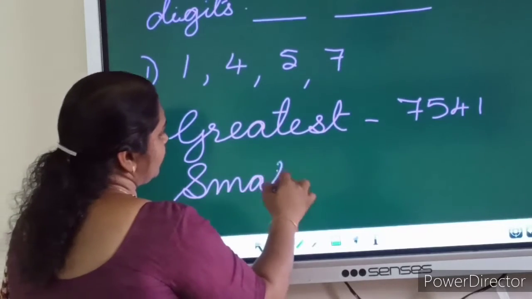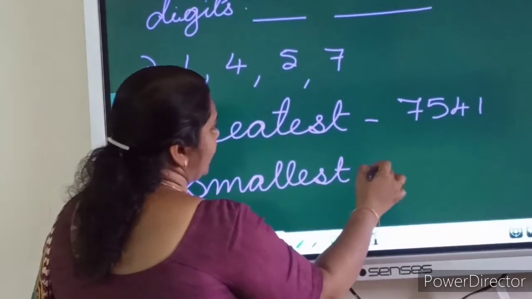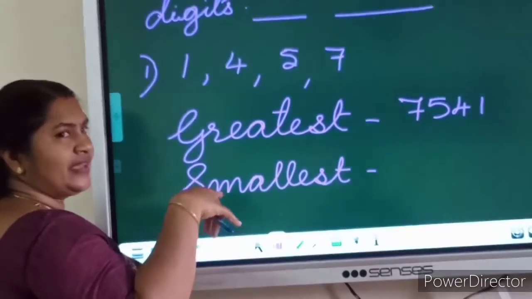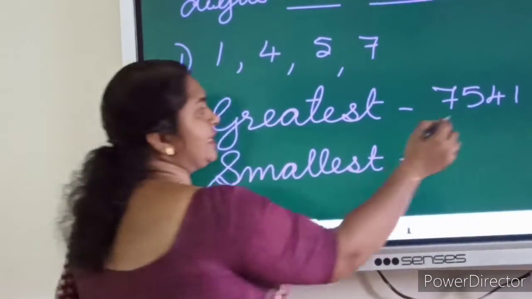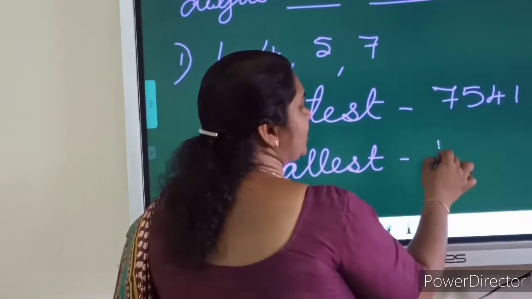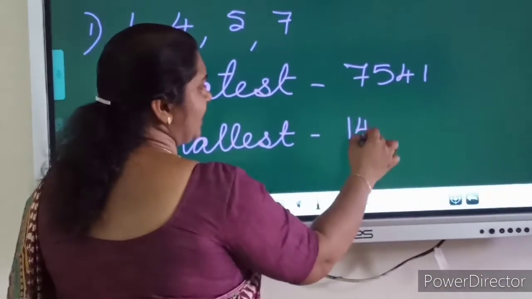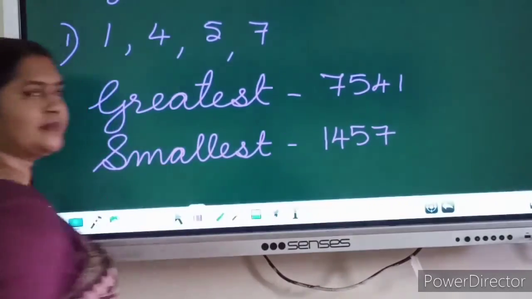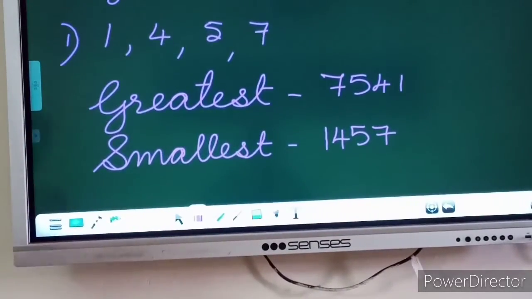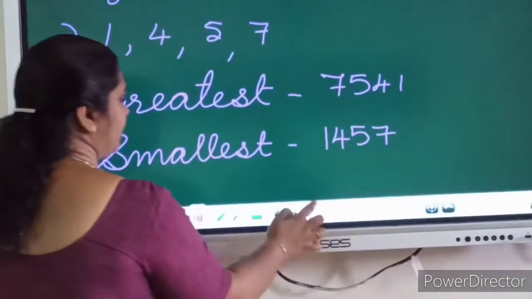Smallest. So I think you understood how to get the smallest one. That is, the smallest digit first we have to place beside, then the greater, and last the greatest. One more.